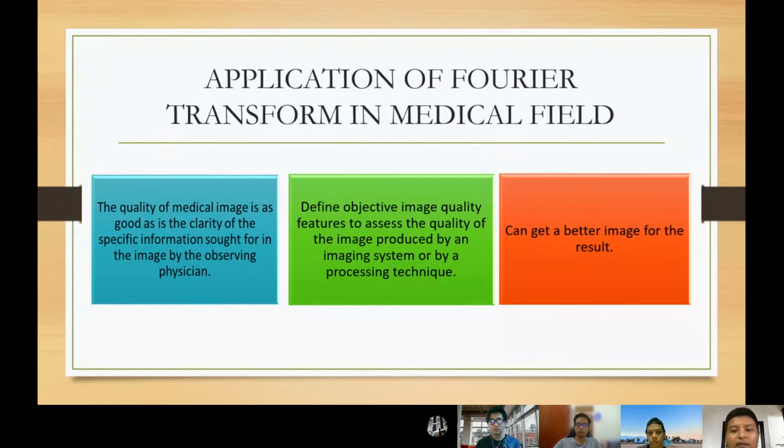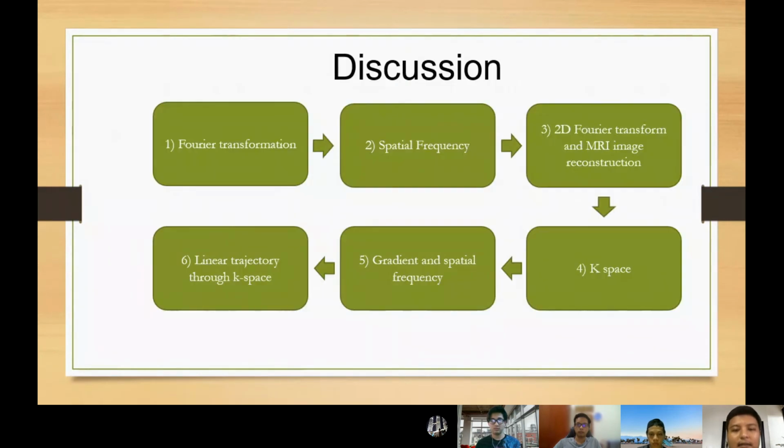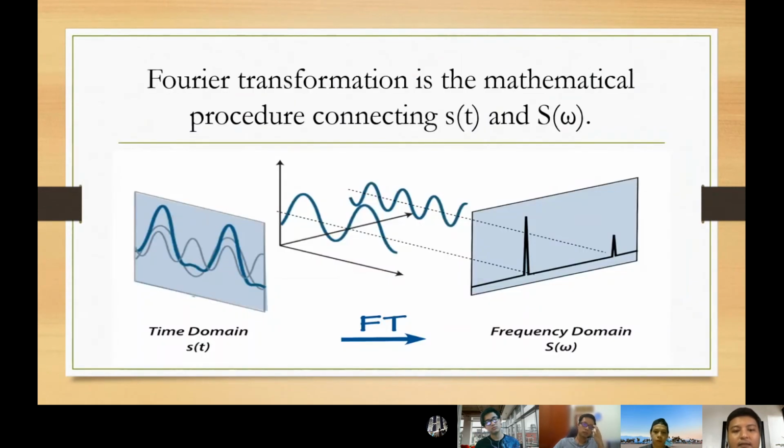We can also get a better image for the result. This is the process for the MRI. First, from the Fourier transformation to spatial frequency, and next to the 2D Fourier transform and MRI image reconstruction to the K-space, and next to the gradient and spatial frequency, and next to the linear trajectory through K-space.